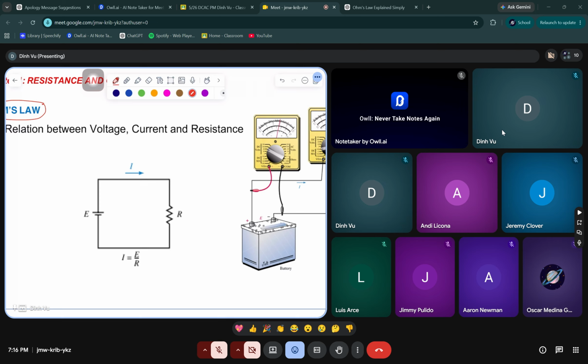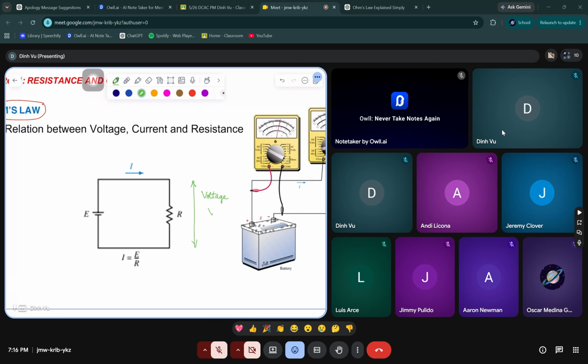When we connect the source E to this resistor R, the voltage on this resistor will be the same as the source voltage.